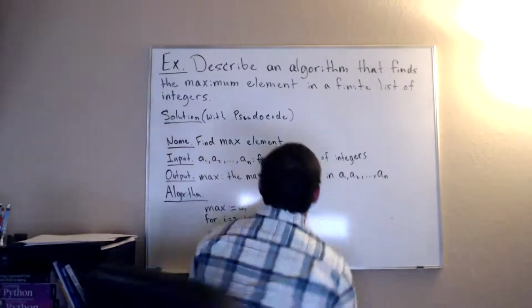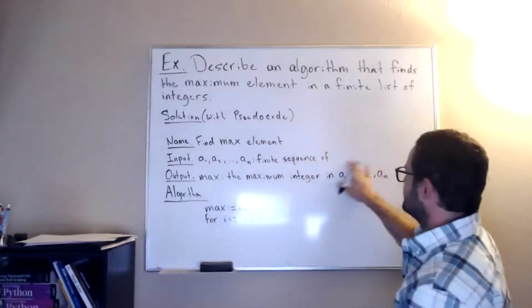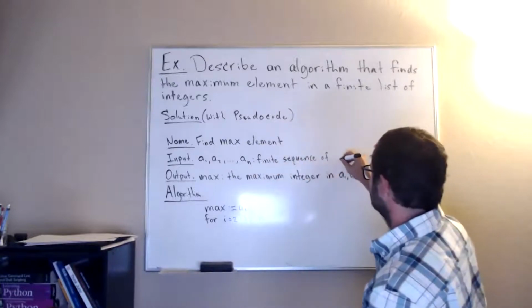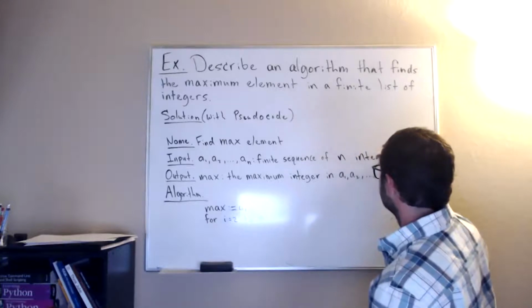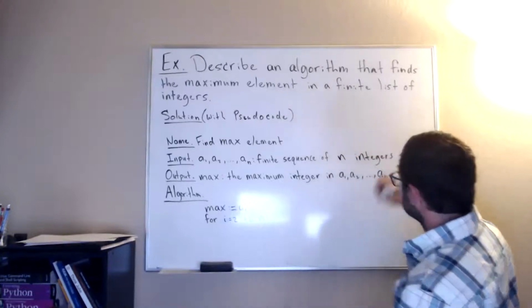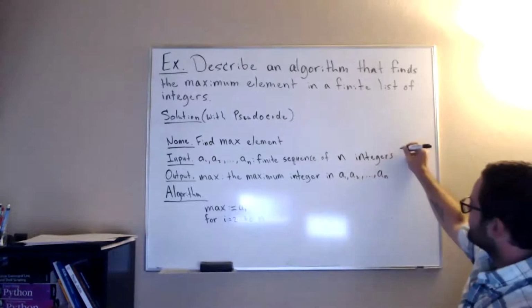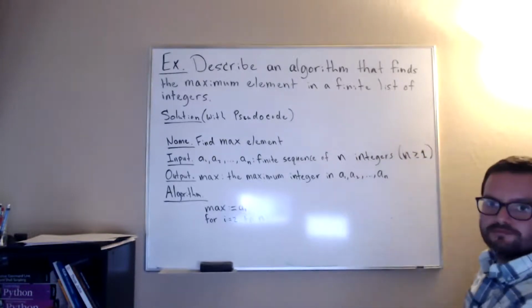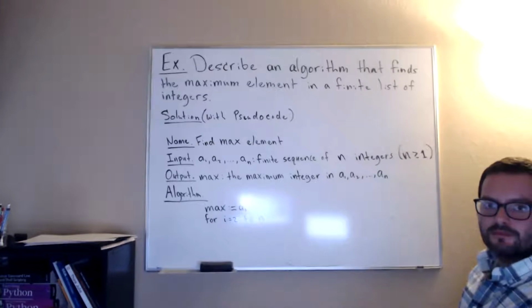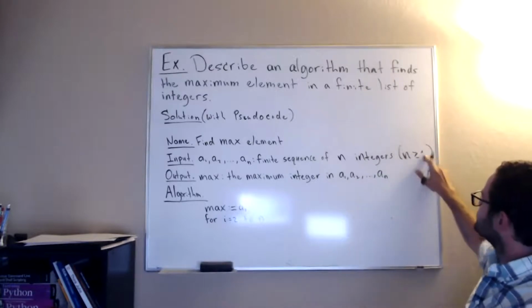Maybe I should replace this by saying a finite sequence of n integers, where maybe n is greater than or equal to 1 or 2.